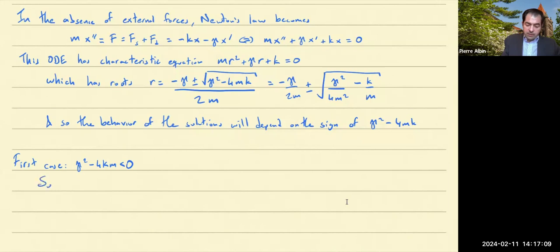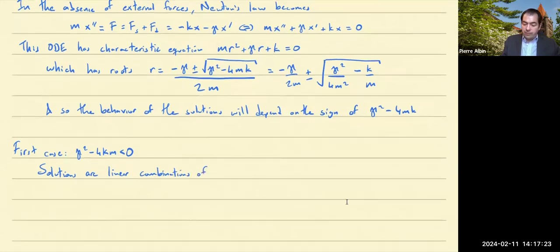Right? So here solutions are linear combinations of e to the minus gamma over 2m, right? So this is the case when this is negative, which means that this term is purely imaginary and this is the real part.